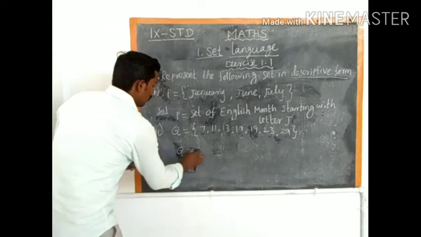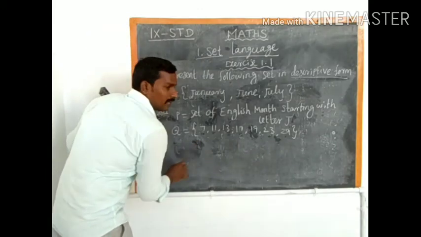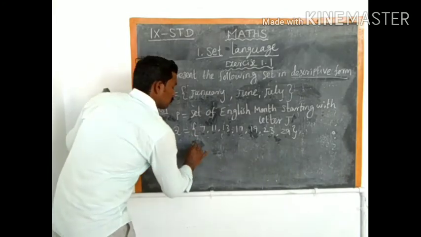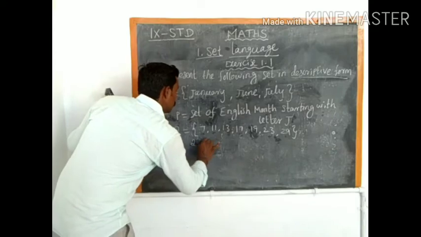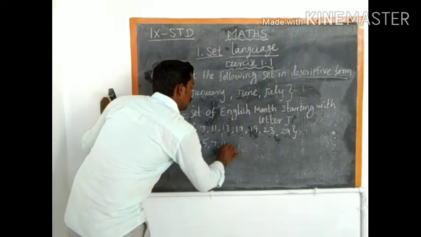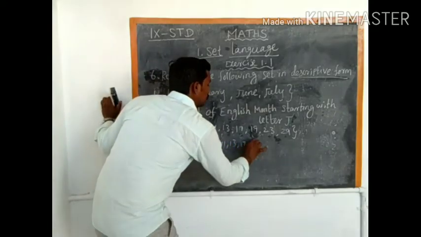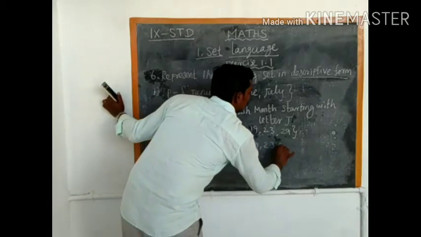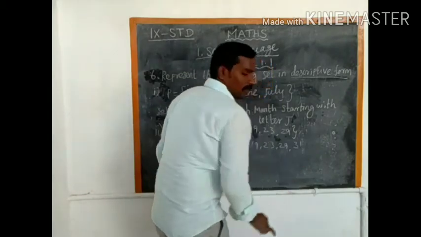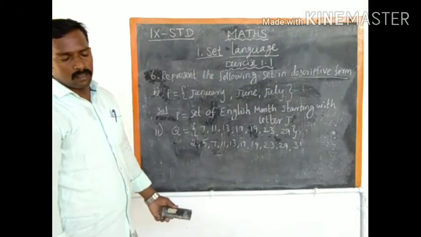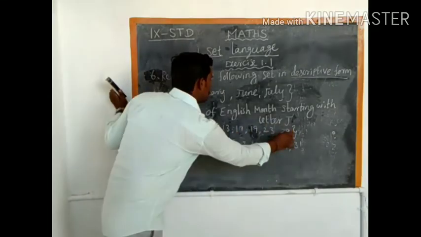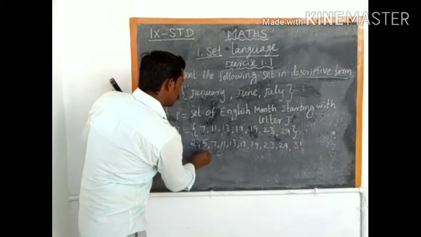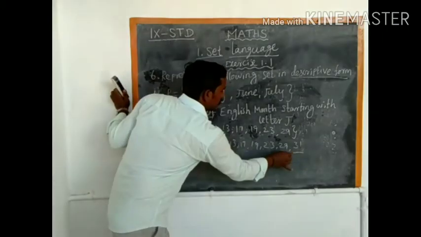before going to the result, we first write all the prime numbers. So 1 is neither prime nor composite. 2, 5, 7, 11, 13, 17, 19, 23, 29, 31. Okay. So observe the numbers. All these numbers lie between 5 and 31.